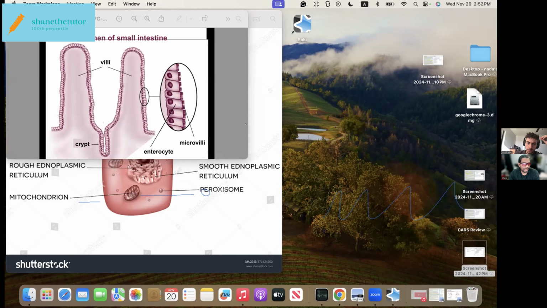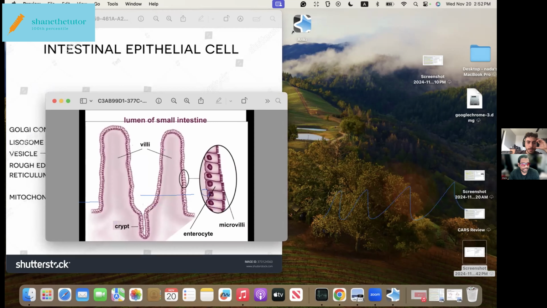So you see how this is the lumen with the villi, and the villi are already these projections, and they're coated on the outside with the microvilli, right?